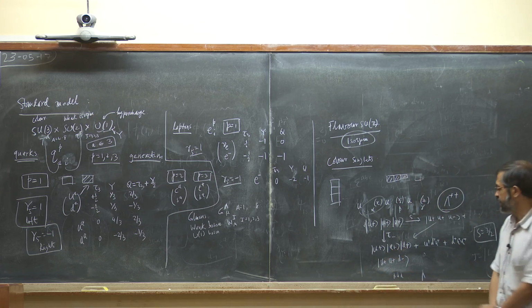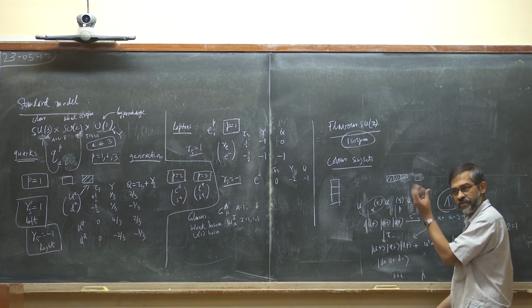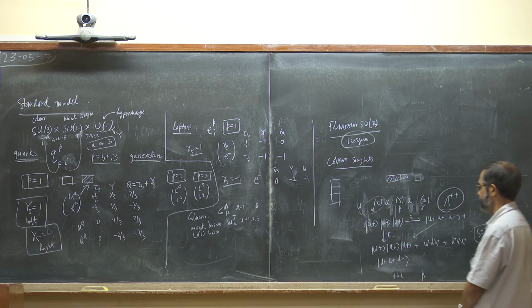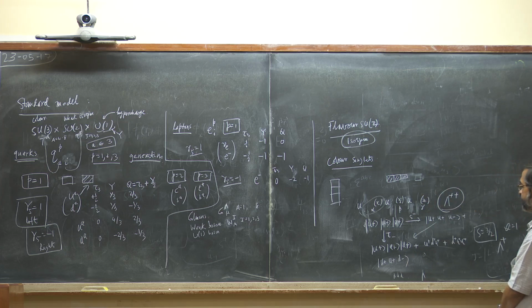The letters U and D, which is the weak isospin quantum number, and the spins. What happens if you actually apply parity on this upper state?